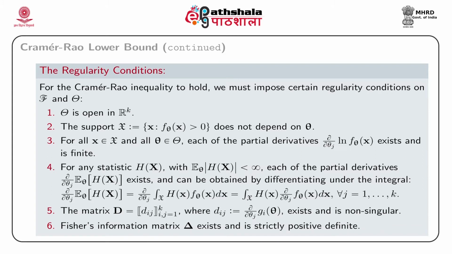The elements of the information matrix capital delta, whose elements are small delta ij, where small delta ij is equal to expectation over theta of del by del theta i log f theta x into del by del theta j log f theta x, exist and are such that delta is positive definite.